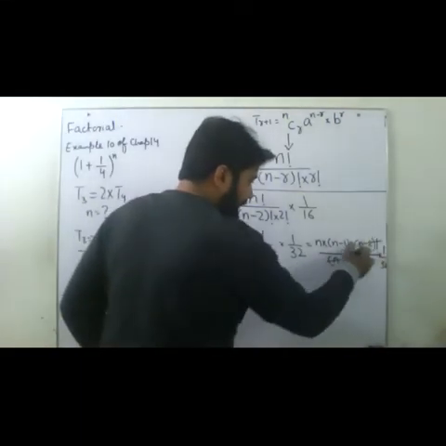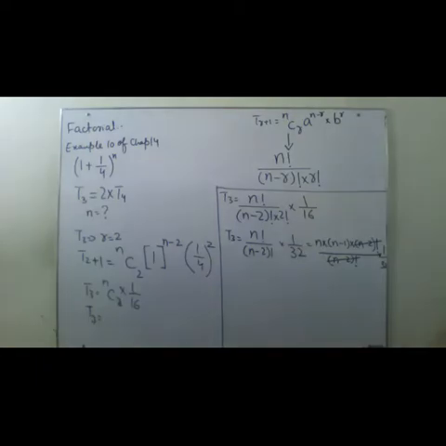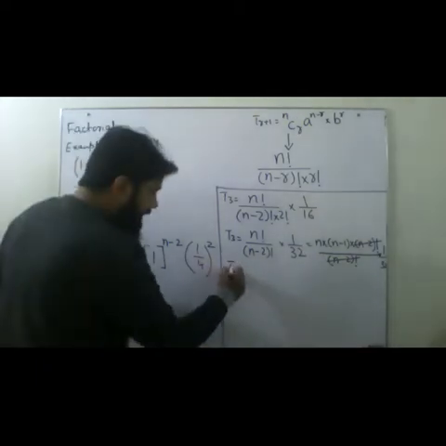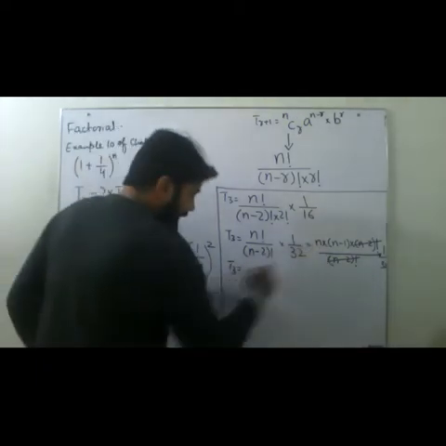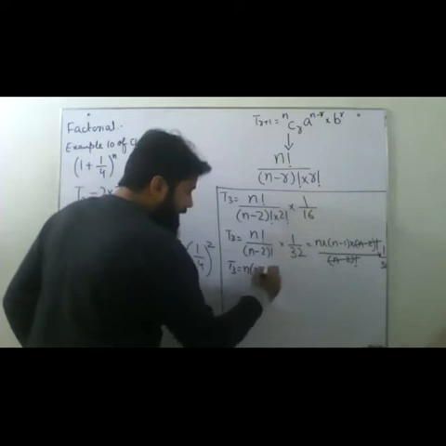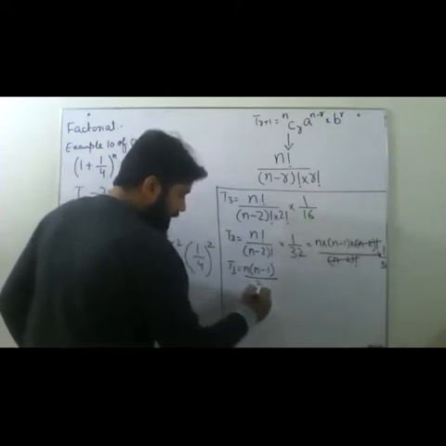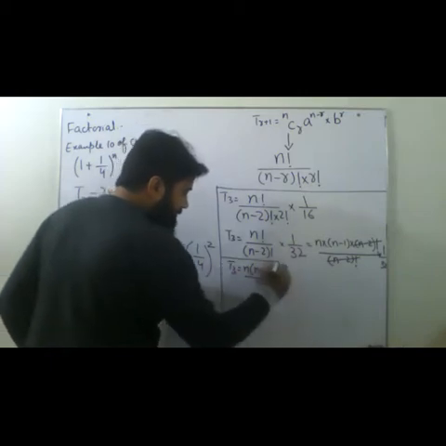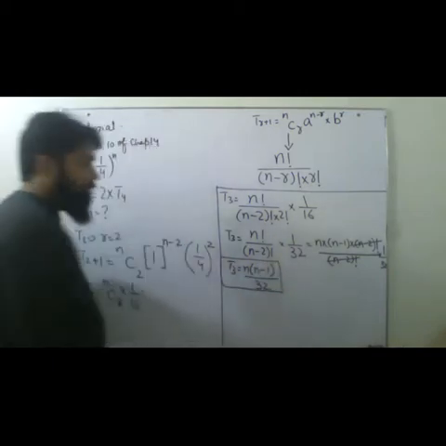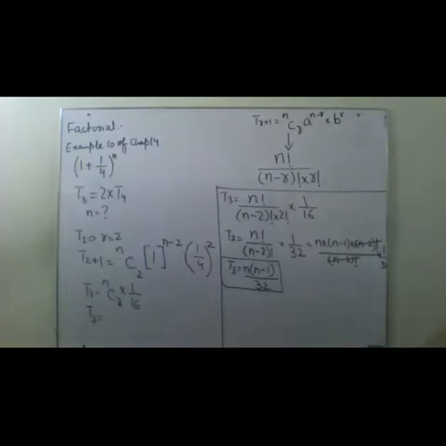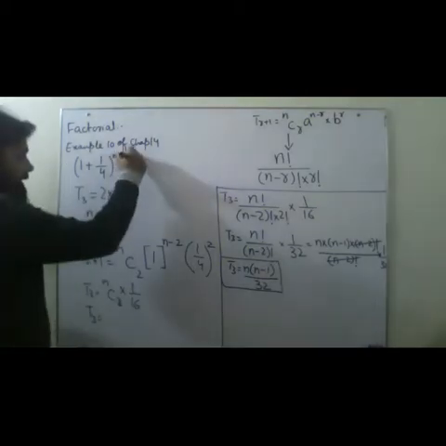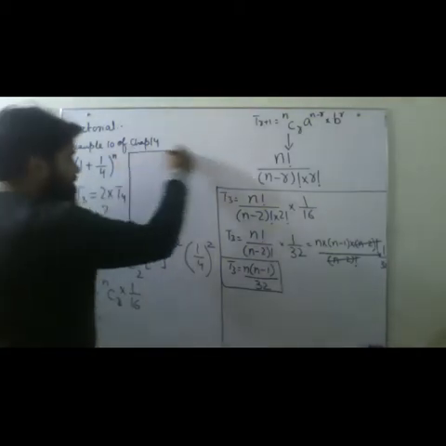Cancelling this one and this part, my T3 value is coming n into n minus 1 over 32. That is my T3 working over here. Now what they were saying, T3 is twice of T4. So I am writing T4 over here.